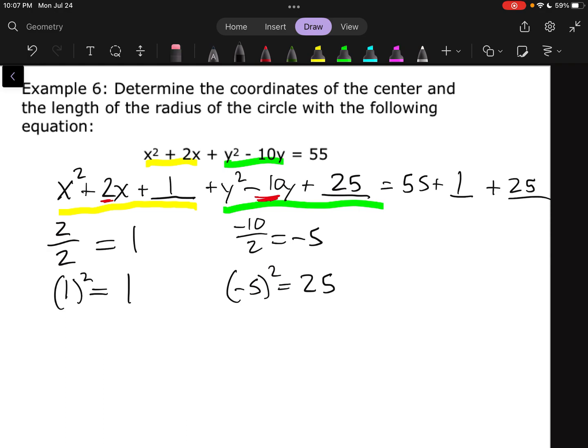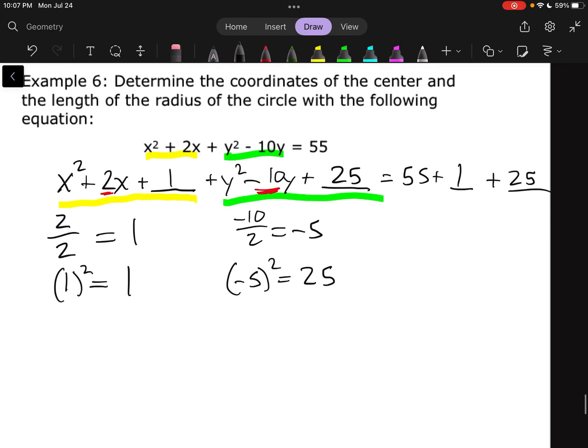Now, what we just did by going through that little process is we turned that whole section that I underlined under yellow into a perfect square. If we think about what multiplies to make 1 but adds to be 2, maybe it would be even better to write it out like we were factoring it.